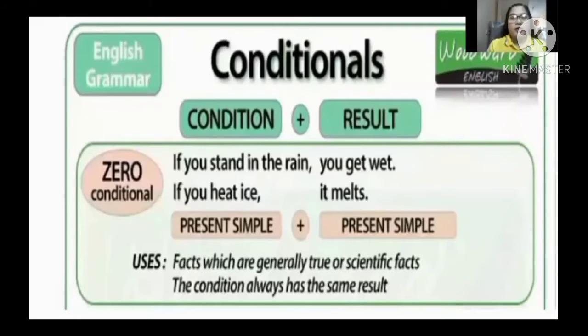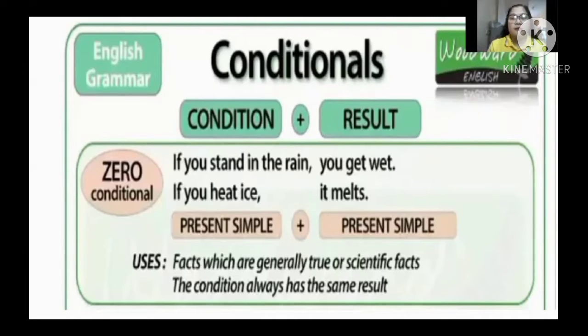Okay. In the discussion that we had last meeting, a zero conditional sentence uses this format, which is the if clause in the simple present, and then the main clause, which is also in the simple present tense. The main uses of a zero conditional sentence are that it tells the facts which are generally true or scientific facts.